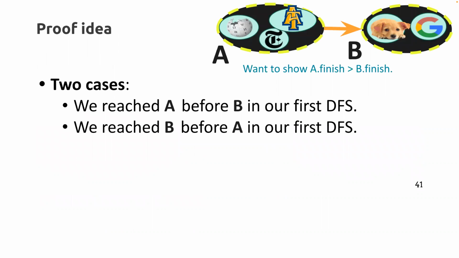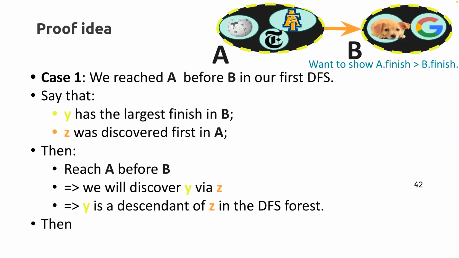We either reached A before B in our first DFS, or we reached B before A in our first DFS. In the first case, if we reached A before B, let's say Y is some node that has the largest finish time in B, and let's say Z was discovered first in A. So we went to A first, then we went to B. Then we reached A first before going to B. That means that we will discover Y via Z, because Y is a descendant of Z in the DFS forest.